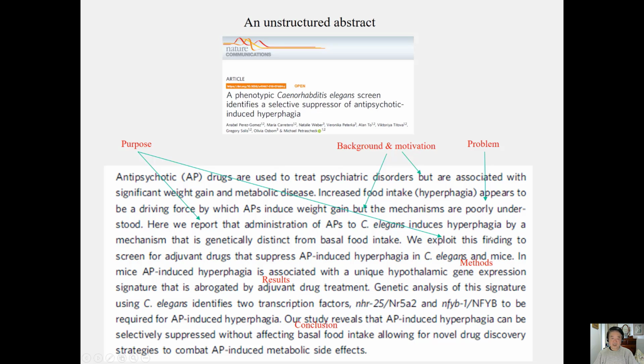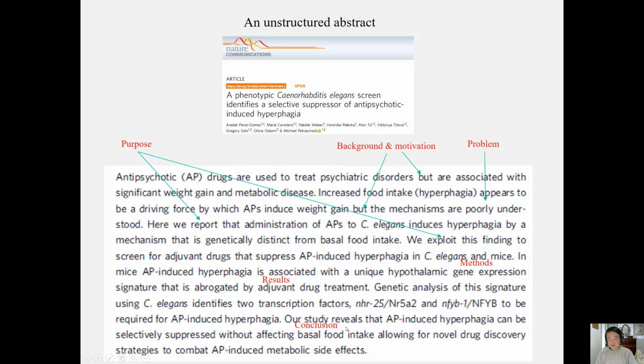So the method is embedded in one sentence, which is really to report the main aim of this project. Then let's give you the results. And finally, here you can see this is the conclusion.